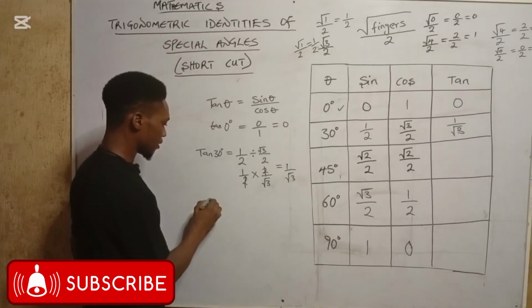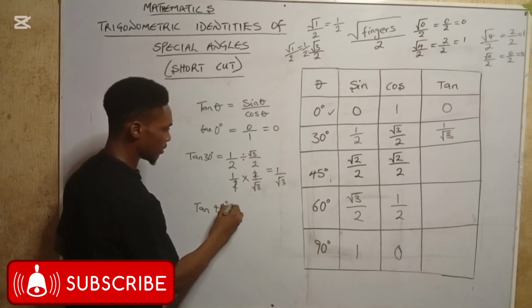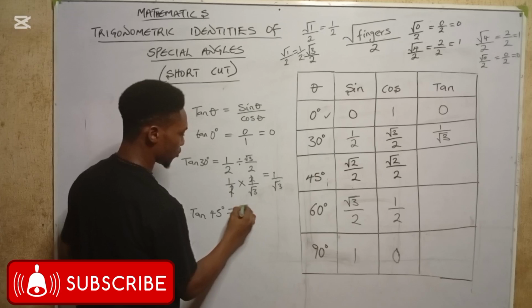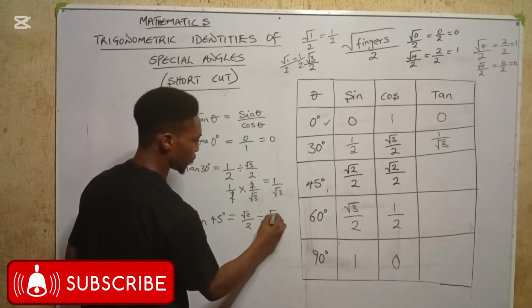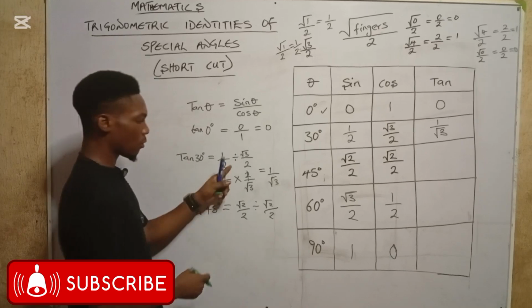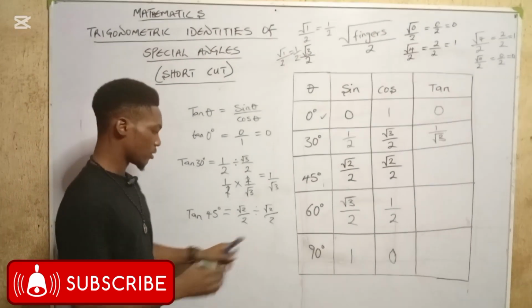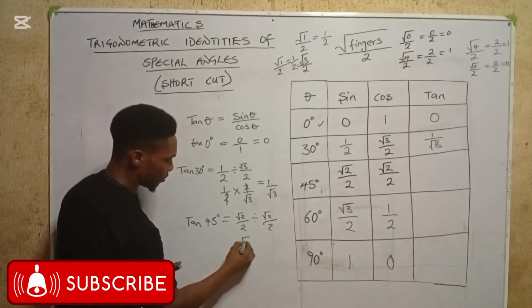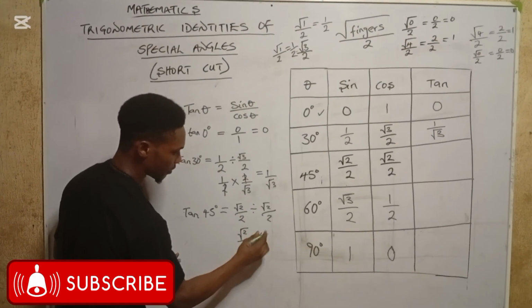For 45 degrees, tan 45 degrees is equal to root 2 over 2 divided by root 2 over 2. Just like what we did here, remove the division and change it to what? Multiplication. We have root 2 over 2, instead of divide, we have times.